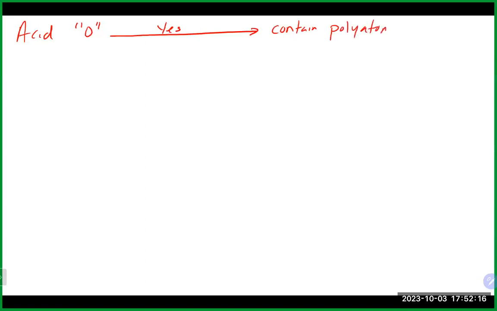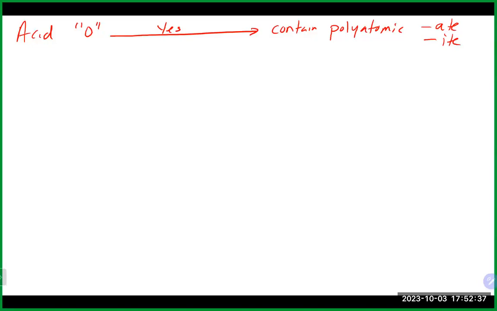These are also sometimes referred to as oxyacids because they contain oxygen. As we just talked about, the polyatomic ions pretty much end in one of two ways: usually ate or ite. That is going to help you determine how you should name the acid.